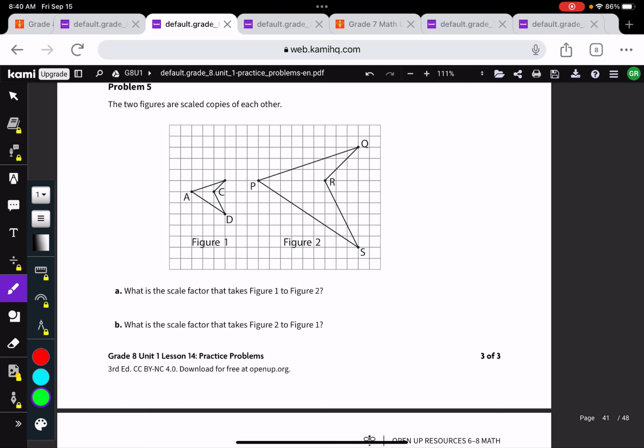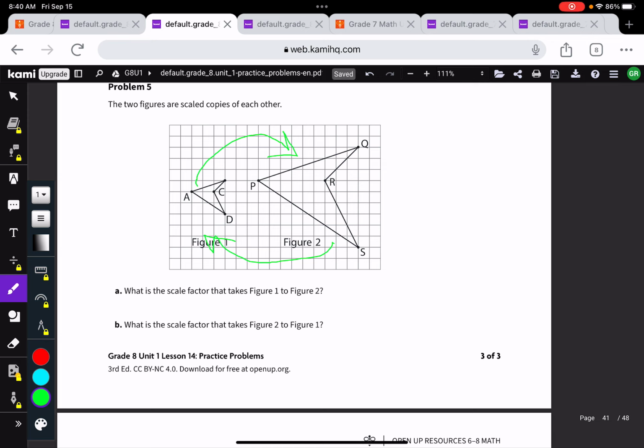Problem 5, the 2 figures are scaled copies of each other. What's the scale factor that takes figure 1? This is going a little bit back to 7th grade math. How do I get from figure 1 to figure 2? And then how do I get from figure 2 to figure 1?